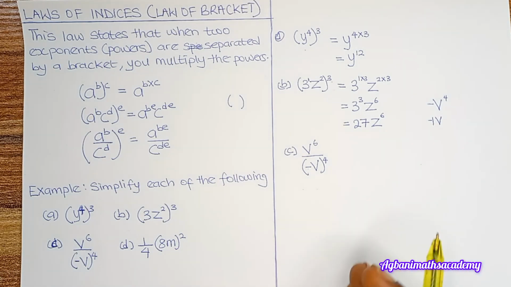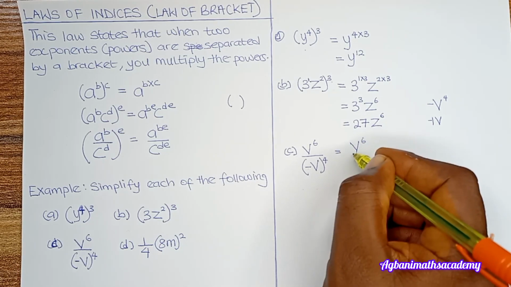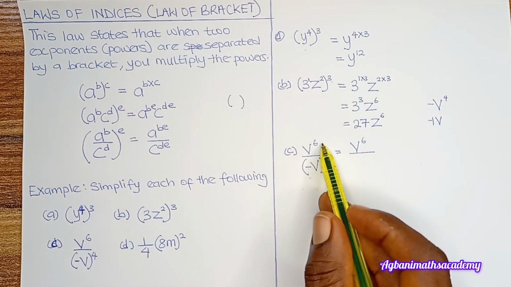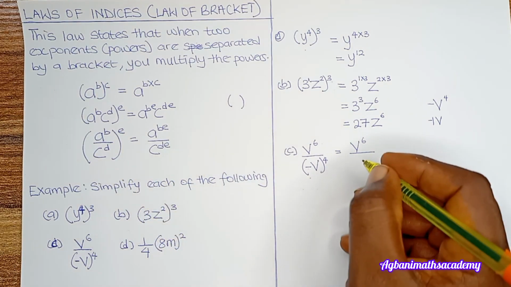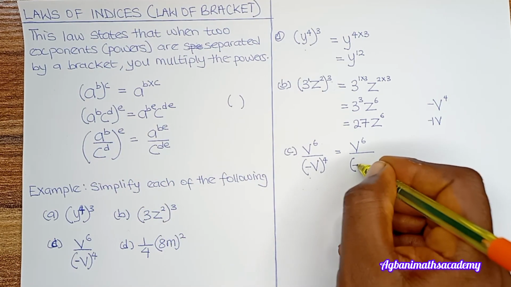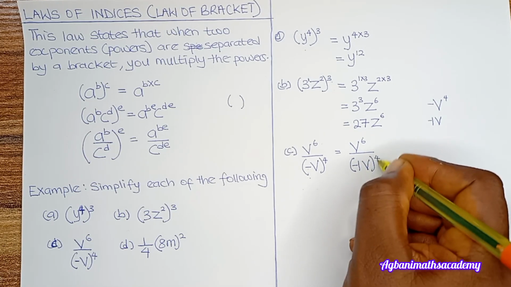So we are going to separate them. This will be v to the power of 6. This bracket does not go to the numerator, so we cannot really apply it this way. Okay, divided by minus 1v all to the power of 4.